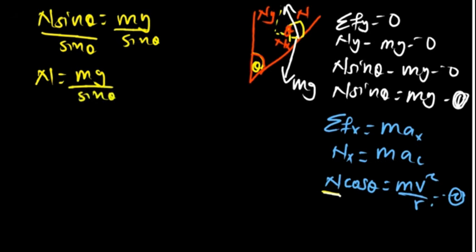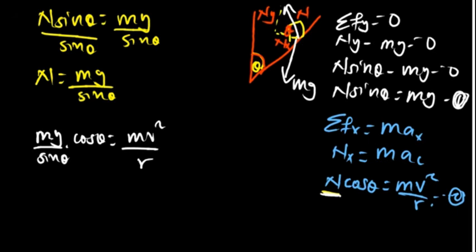So now where there is n in the second equation, we are going to put mg over sine theta. Therefore we are going to have mg over sine theta times cos theta is going to be equal to mv squared over r. Now we know that cos over sine is going to give us cot theta.